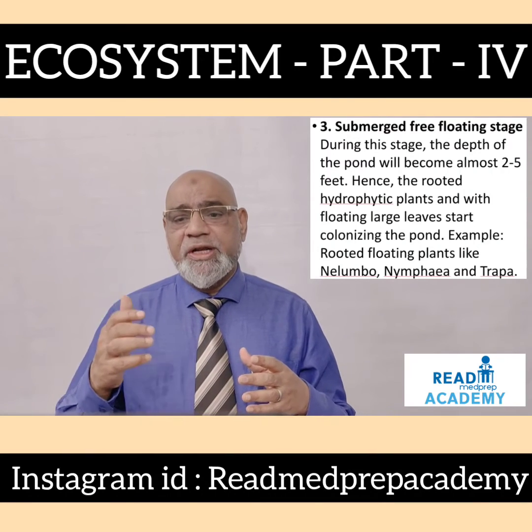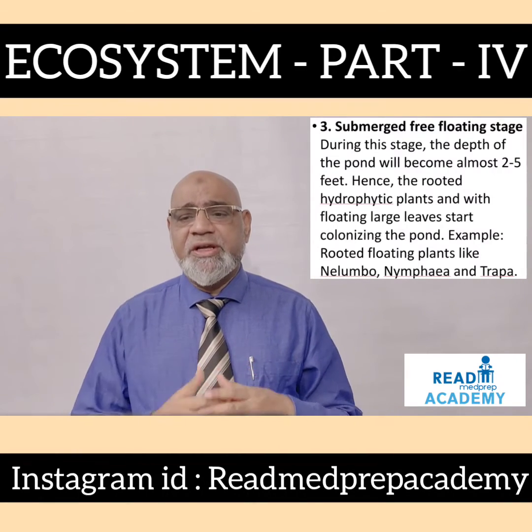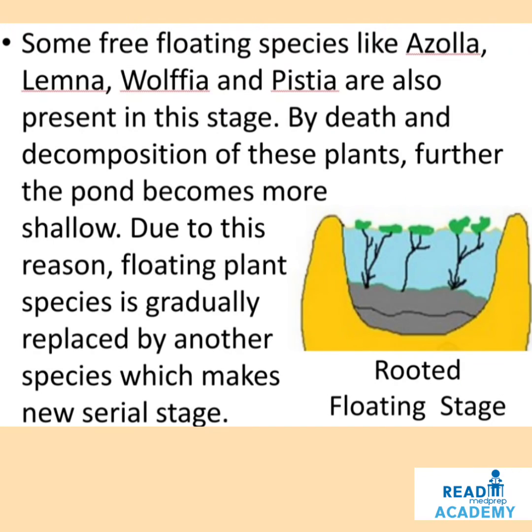Example, rooted floating plants like Nelumbo, Nymphaea and Trapa are seen. Some free floating species like Azolla, Lemna, Wolffia, Pistia are also present in this stage. By death and decomposition of these plants, the pond becomes more shallow. Due to this reason, floating plant species are gradually replaced by another species which makes the new seral stage.